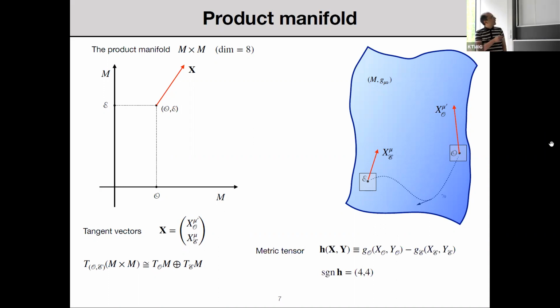M times M has no metric yet, but we can introduce a non-degenerate metric tensor in the following way. We simply take the O part and take the G product. We take the E part of the two vectors, multiply them with G at E, and we take a minus here. And this gives this thing a geometry of a manifold of dimension 8 and signature 4, 4.